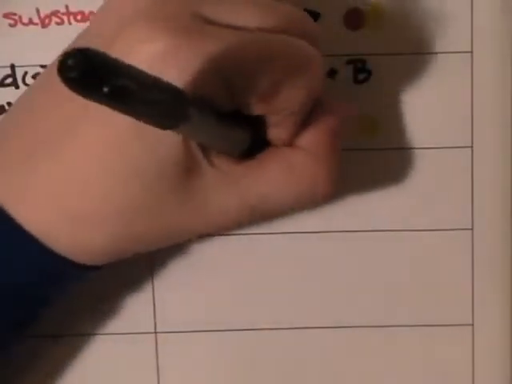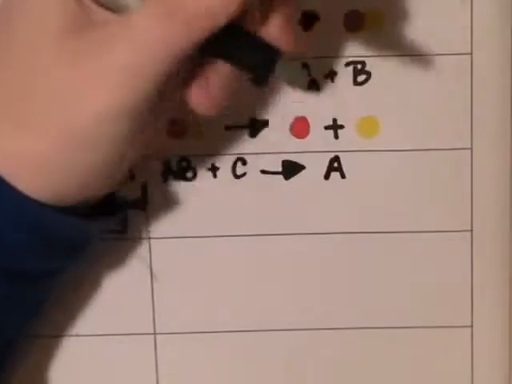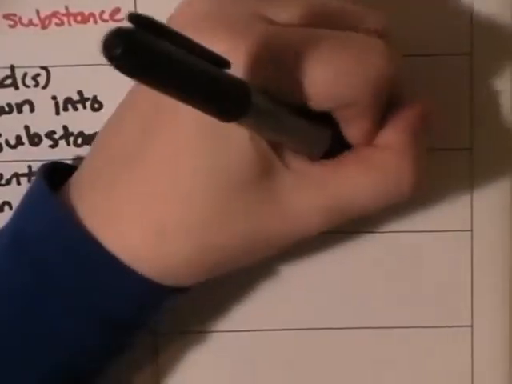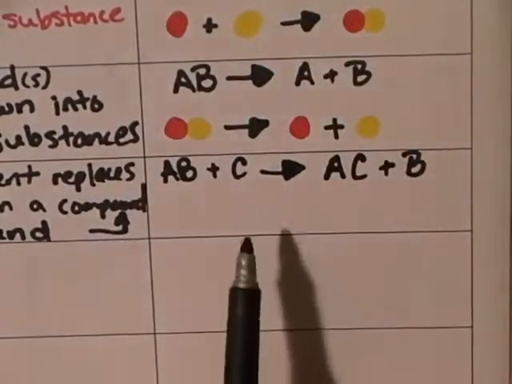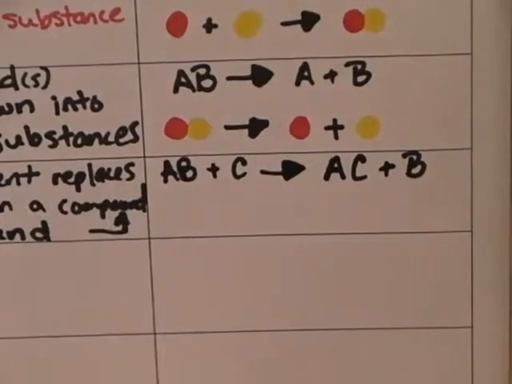Well, on the other side of your arrow, after the reaction, it could be A or B, but we're going to say A is actually paired up with C now, and B is the one that's alone. So notice C just went in and kicked B out of the relationship and took its spot, hence why we call it the home wrecker reaction. It's a helpful way to remember it.